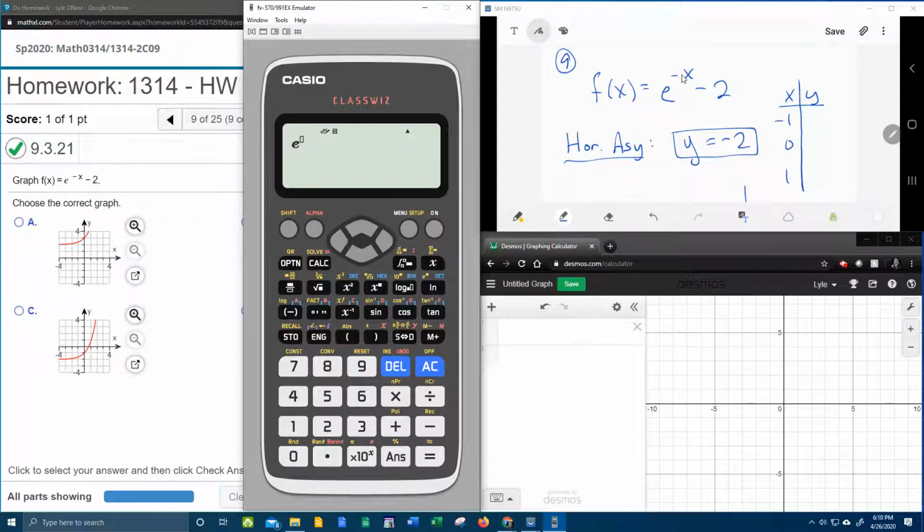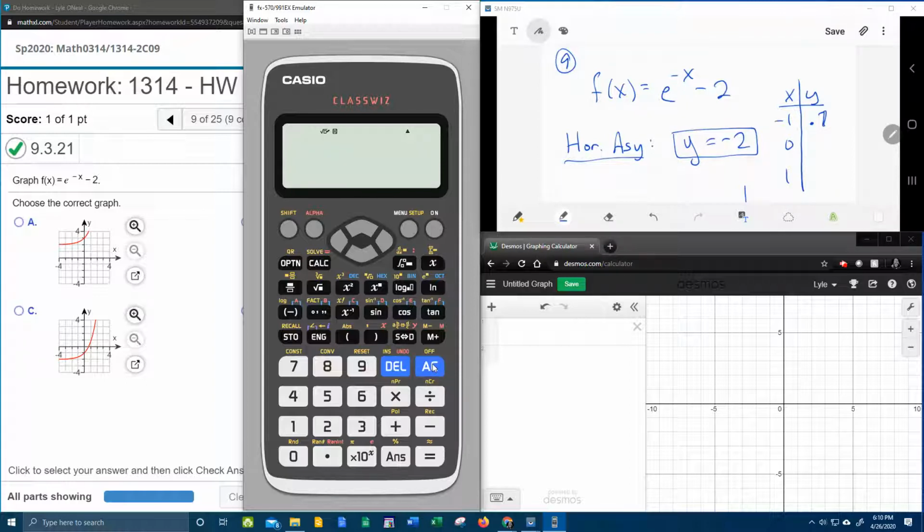Now I want you to notice that the exponent has a negative. That's negative on the x. And here the first x we're going to plug in also has a negative. So that'll be a negative times a negative, which will actually make that +1 minus 2. And that gives us 0.7 approximately. So that's going to be 0.7 for our y value.